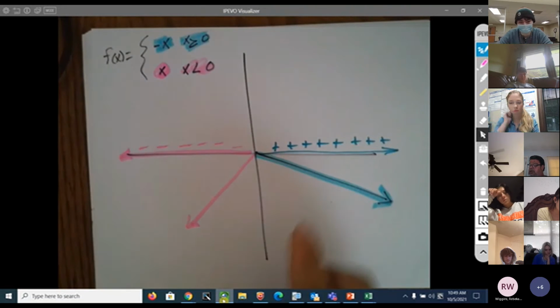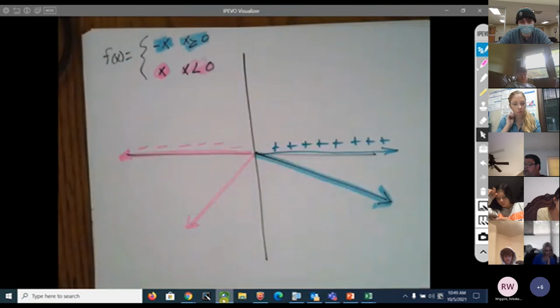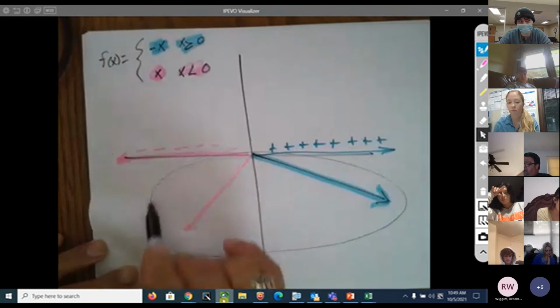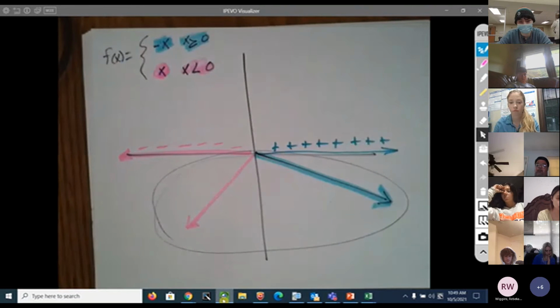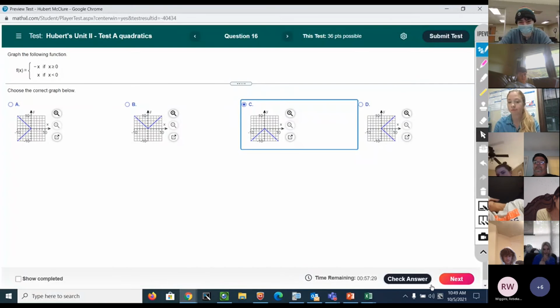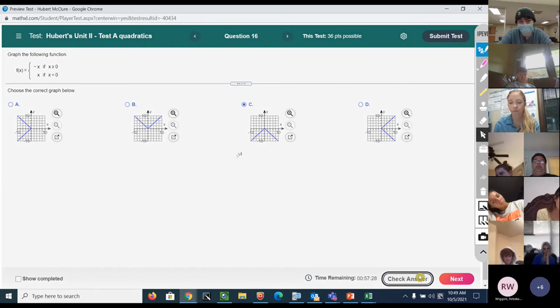So it looks like this is your graph. Looks like you got an absolute value graph opening downward. I believe it's C. What do y'all think? It's a miracle.